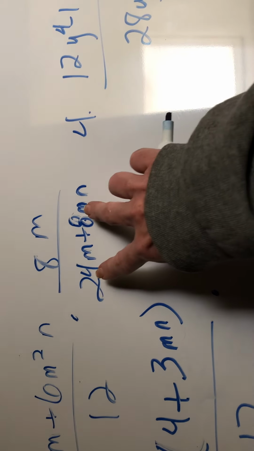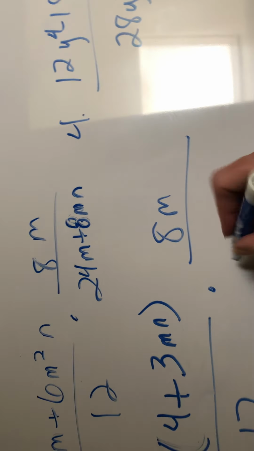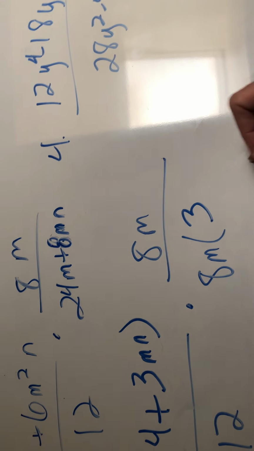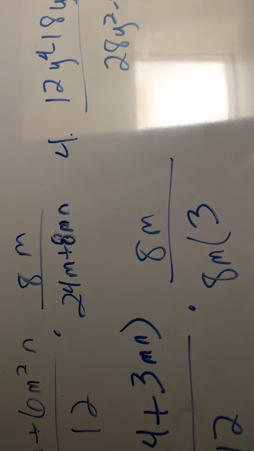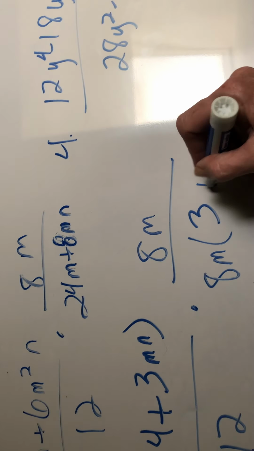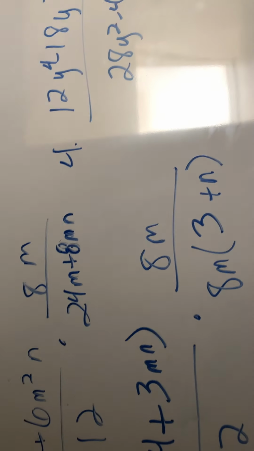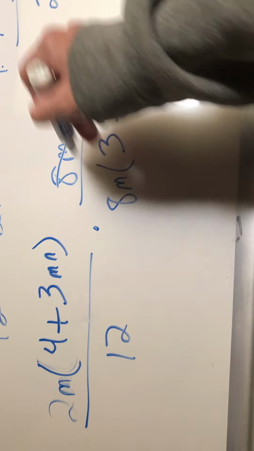I can take an 8m out of these two. So take an 8m. That leaves 3, because I take 8 out of 24 leaves a 3. Take the m. And then leaves an n. Because take 8 out, it's gone. Take m out, it's gone. And it just leaves that n right there. Then cancel what we can. Well, the first thing I see that cancels is the 8m.